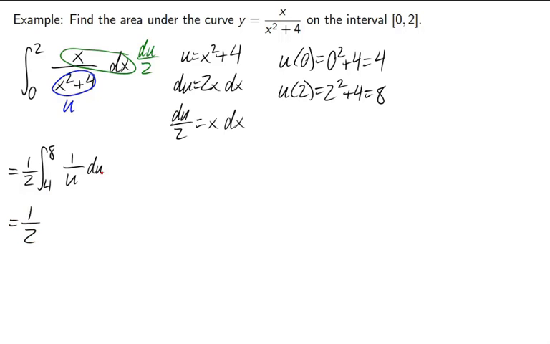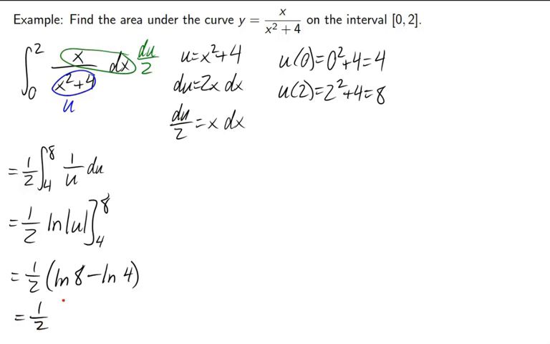That gives us 1/2, and the integral of 1 over u is natural log absolute value of u. Evaluated from 4 to 8, so we'll plug it in. 1/2, and then remember, the absolute value of 8 is just 8, the absolute value of 4 is just 4. So I get natural log of 8 minus natural log of 4. And if you'd like, you could clean this up. This answer is fine.